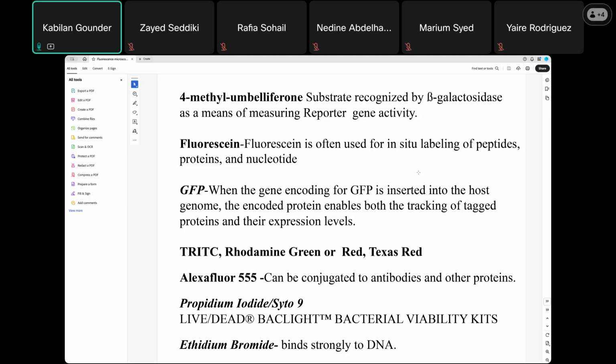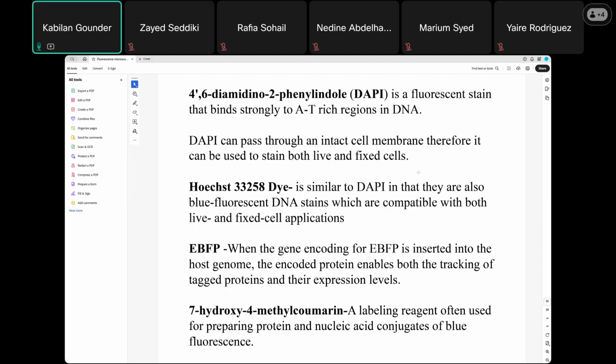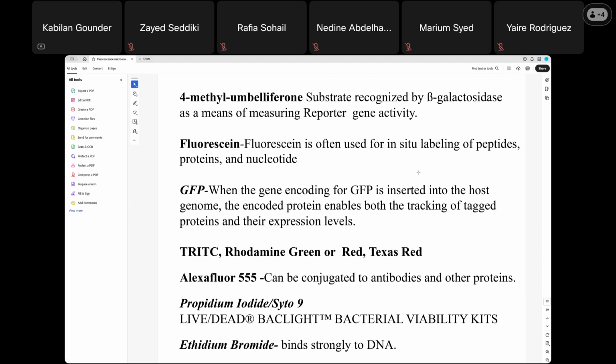Then the green fluorescent protein: the gene encoding GFP is inserted into the host genome. The encoded protein enables tracking of tagged proteins and their expression level, like EBFP. There are different dyes: TRITC, rhodamine green, or red Texas red. These are all commonly used for many purposes. Alexa Fluor can also be conjugated to antibodies and proteins.